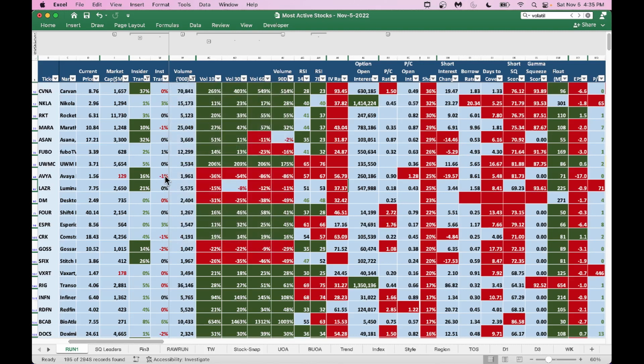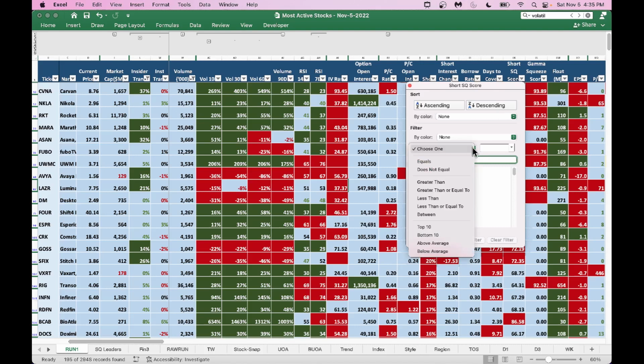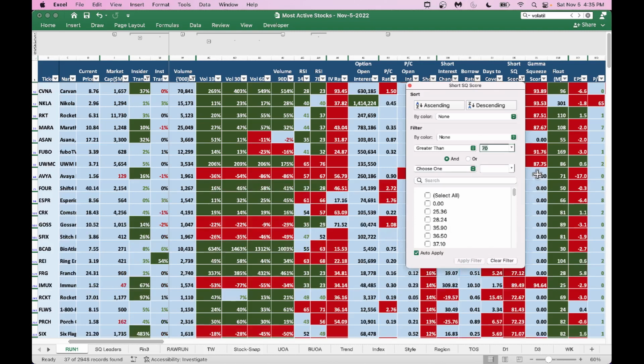All right, so now we'll sort by the short squeeze score, and let's say we want the short squeeze score to be more than 70%, so that we can look at stocks that have a high probability of squeezing as we go forward. Let's look at squeeze score more than 70. There is a high chance this can go higher.